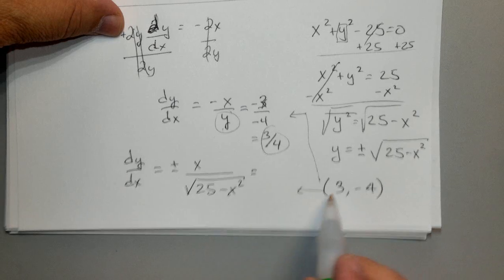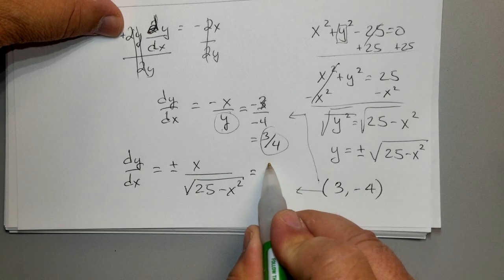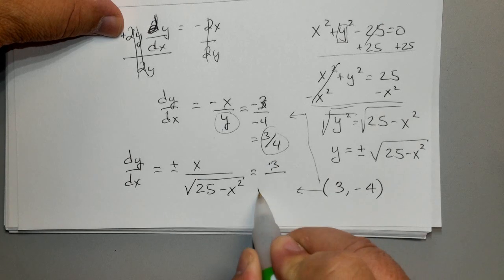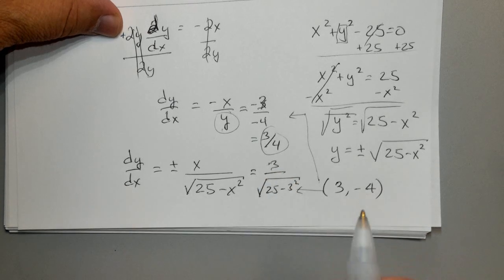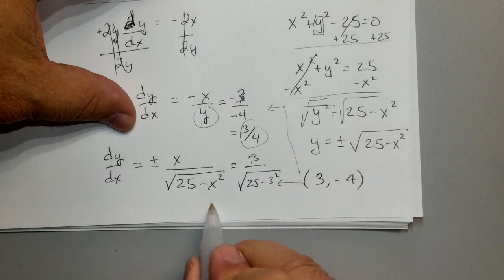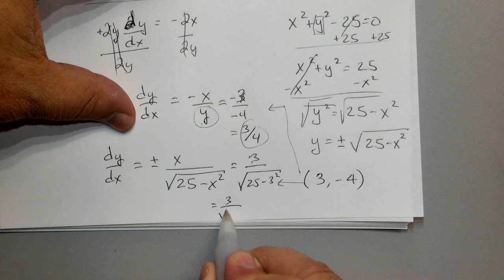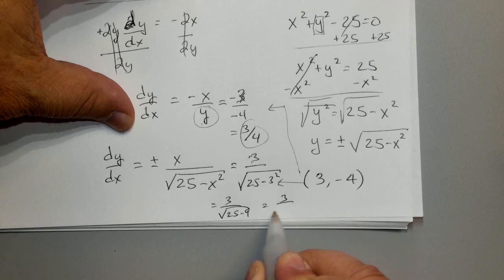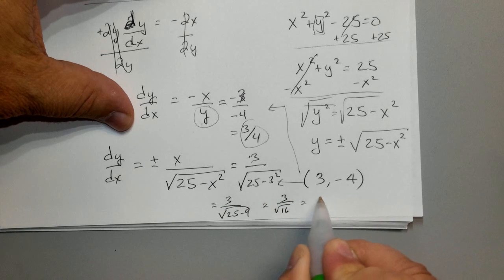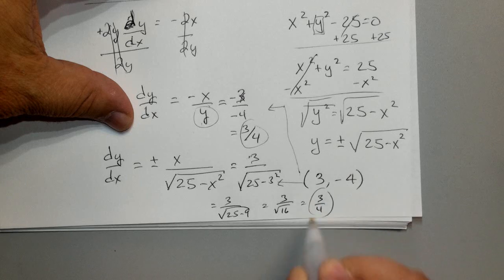Or we could just plug 3 inside here. 3 over radical 25 minus 3 squared, 3 over radical 25 minus 9, 3 over radical 16. 3 over 4.